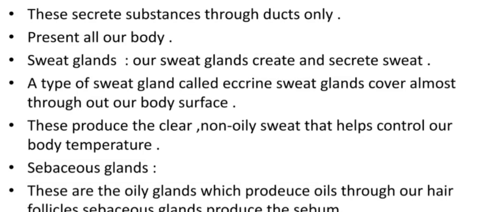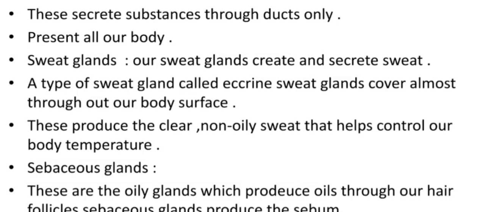Now, I want to discuss exocrine glands. Only classification is not enough. We should know what the products from the exocrine glands are, and these secrete substances through ducts only. Remember, the endocrine gland doesn't secrete its products through ducts, whereas the exocrine gland secretes its products through the ducts.